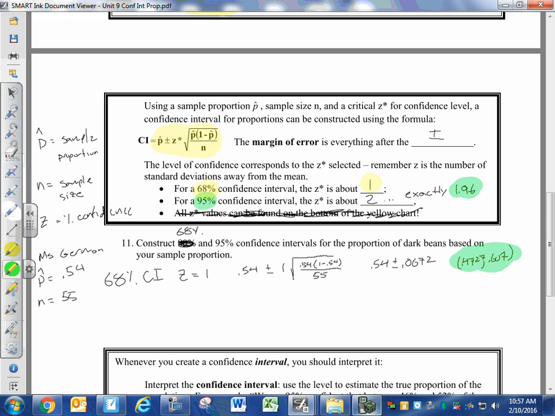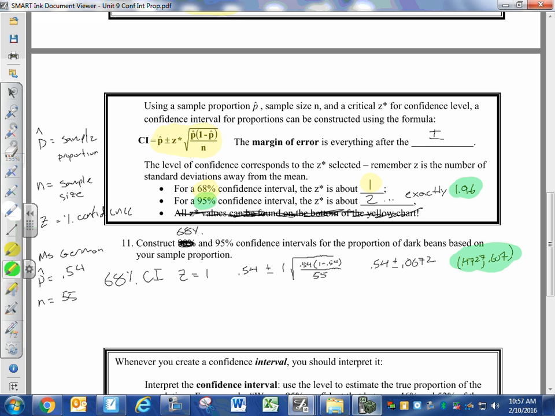Okay, so it's just a new way of saying things. Instead of saying it's going to be around, we could be a little bit more specific with a level of confidence using a z-value to figure out these standard deviations. We are 68% confident, 68% of the time that we do this using a sample, we're going to get between here and here.